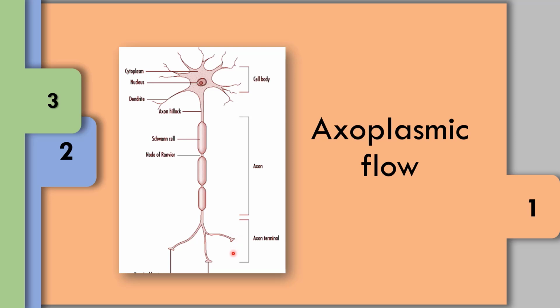All the neurotransmitters which will get released at the axonal end buttons will be formed within the cell body. They travel along the axon within the plasma towards the axonal ends. So this flow is known as axoplasmic flow.